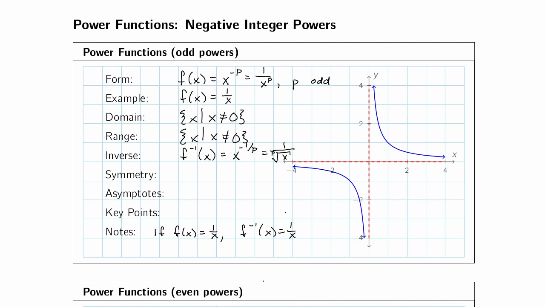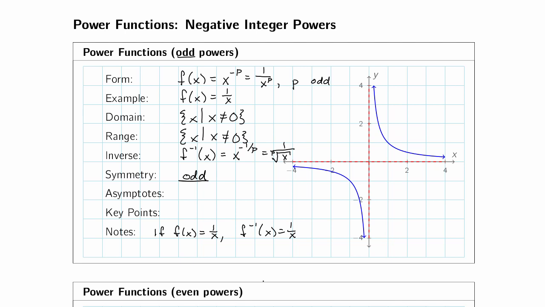In the special case where p equals 1, the inverse is just 1 over x. It's easy to see from the graph, but from the formula as well, that again, we have an odd power, we have an odd function.